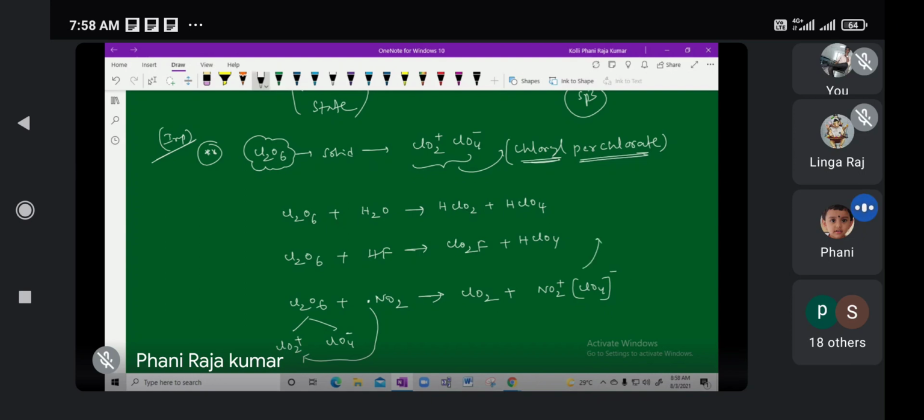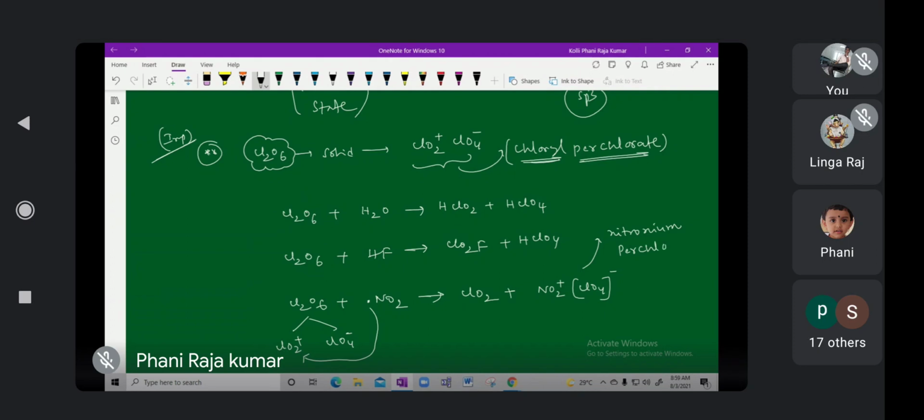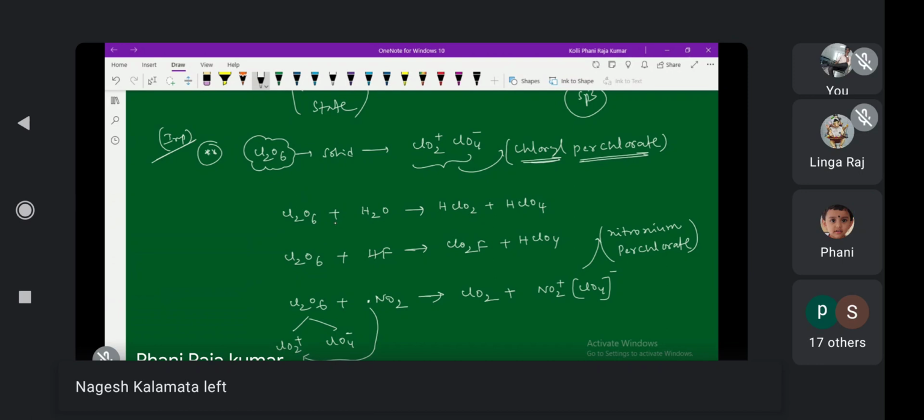This is called nitryl or nitronium perchlorate. The important name is nitronium perchlorate. NO2 plus is called the nitronium ion. So nitronium perchlorate, also called nitryl perchlorate.